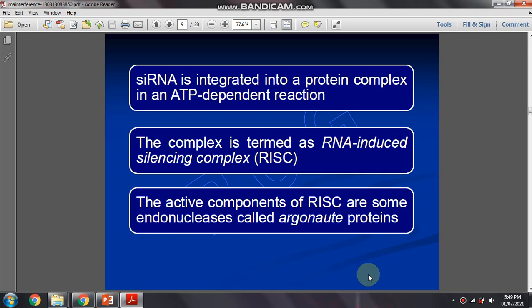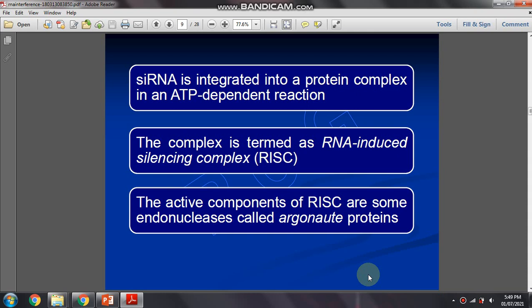siRNA is integrated into a protein complex in an ATP dependent reaction. The complex is termed RISC, RNA induced silencing complex. The RISC complex binds to siRNA.